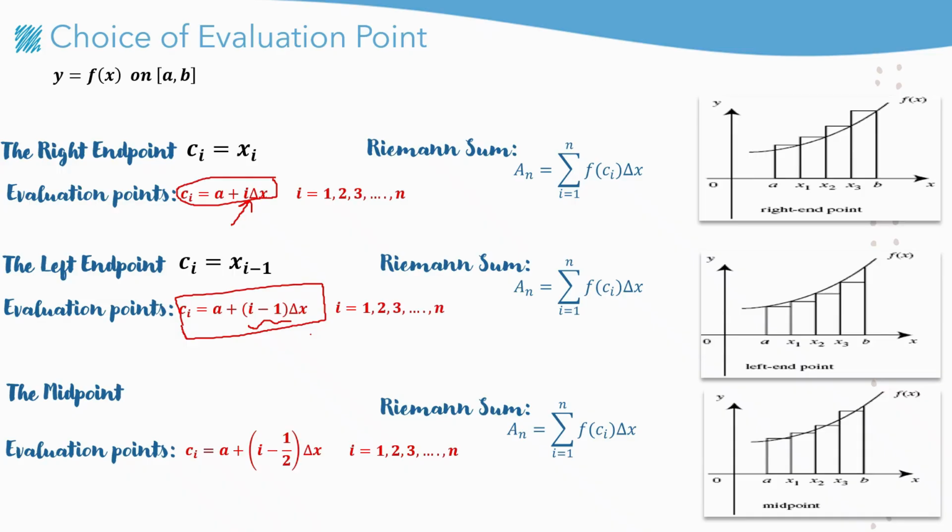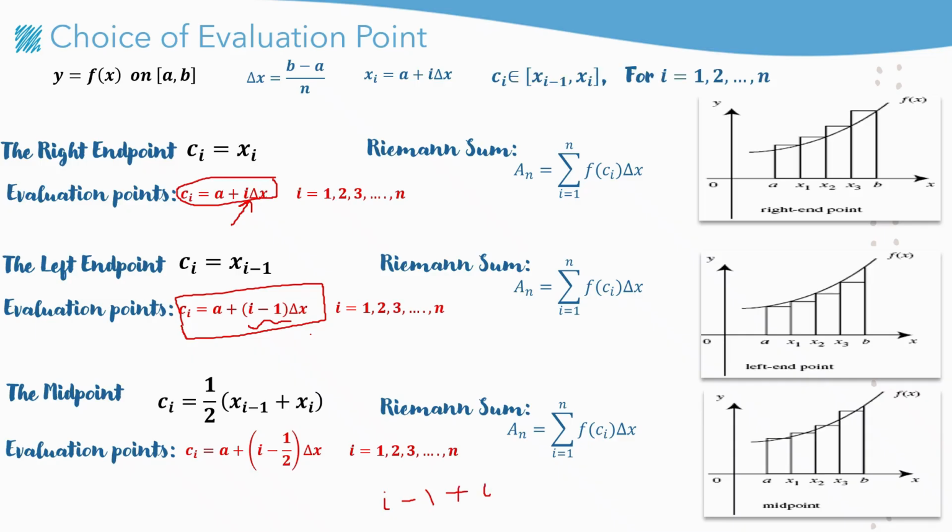And how did you find the midpoint? The average of xi and xi minus 1, isn't it? So if you remember, you can go across with i minus 1 plus i over 2. If you notice how many i's are here, 2i, isn't it?